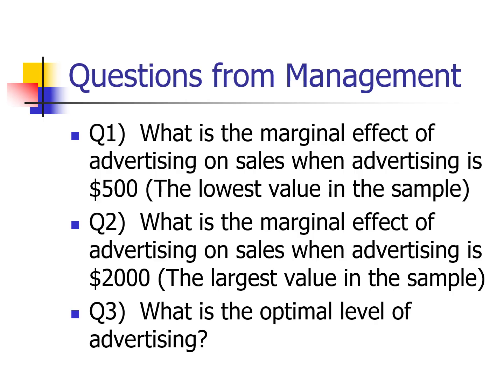And then the third question, I want you to maybe pause this and think about it. How would you answer this? What's the optimal level of advertising? That is, at what point should we stop?